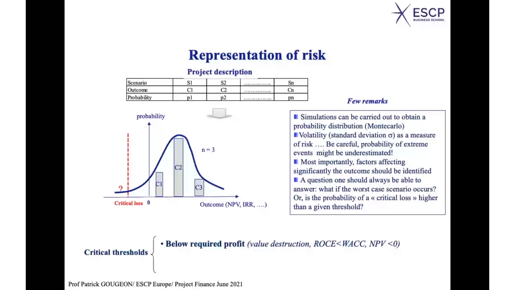So value destruction, which does not correspond to a negative return but a return which is lower than what investors can normally expect, is the very first level which can be considered as a critical loss. Well, but this is not really what we're concerned with here.